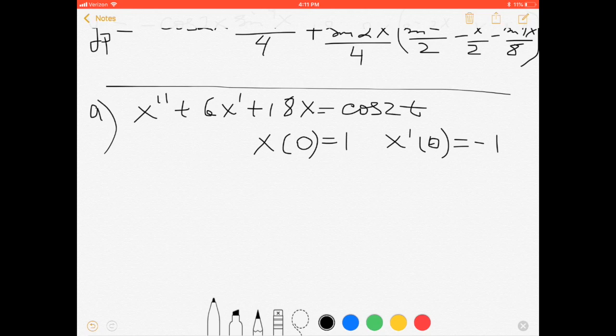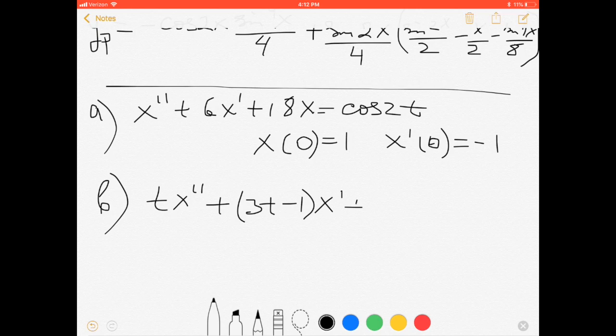Or if you have something multiplied by some constant variable, sorry, and something like here, when you have something like plus 3t minus 1 x prime plus 3x equals 0.